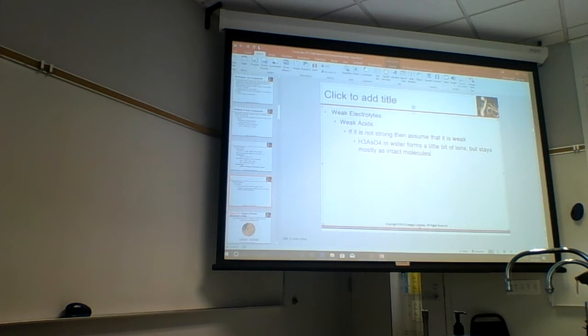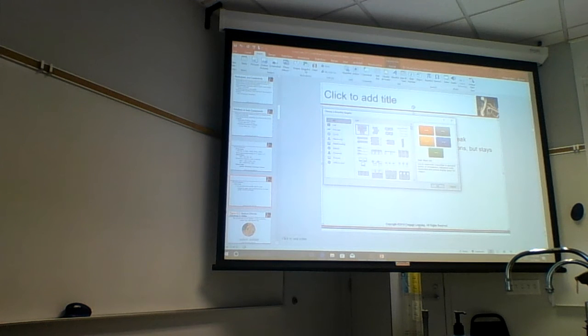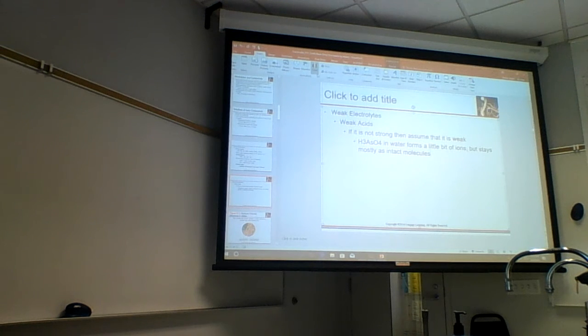But there's different ways of representing this in equation form. I can't do that here. Maybe I can do that here. I have some SmartArt. I just need to draw a line.